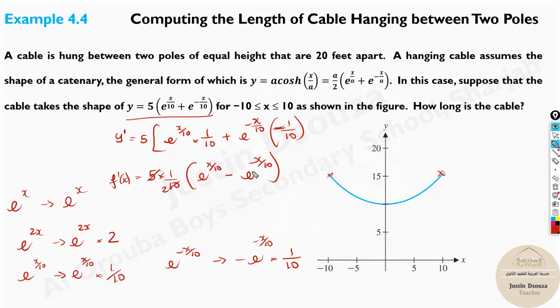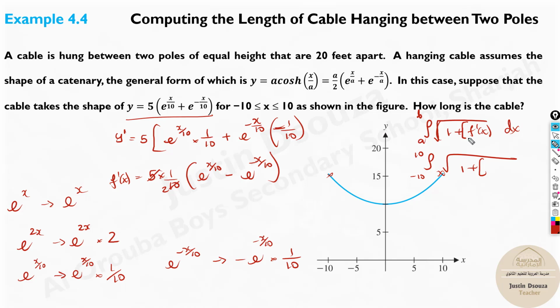Now the derivative is done. Now what is the formula? Integral a to b, then we have square root of 1 plus f prime of x, dx. Now what is the interval over here? It's minus 10 to positive 10 and we have 1 plus f dash of x, this entire thing, just write it out.